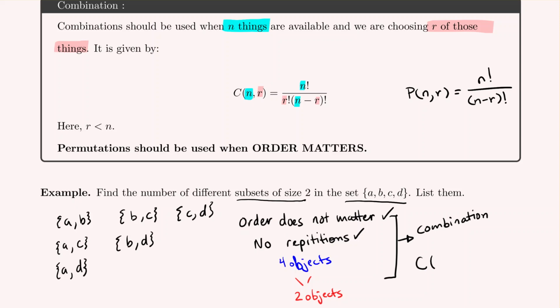So it's the combination from the larger group of 4 objects to the smaller group of 2, and then take a moment to, based on our n being 4, r being 2, write out this portion of the formula on your paper.